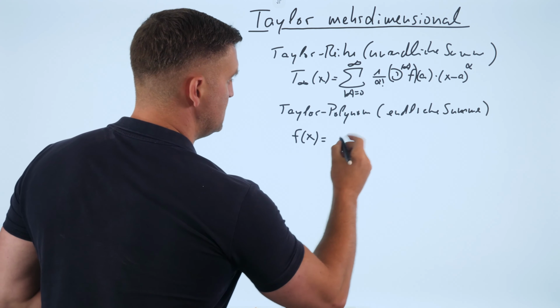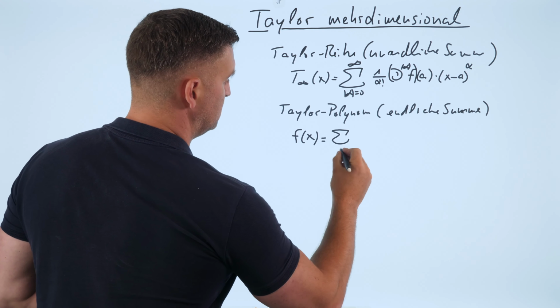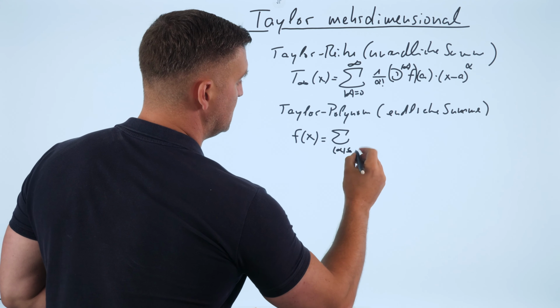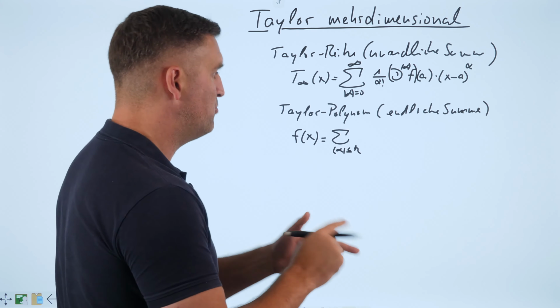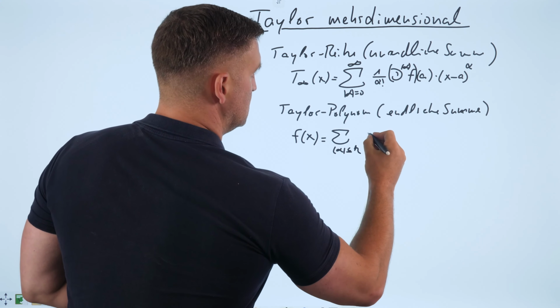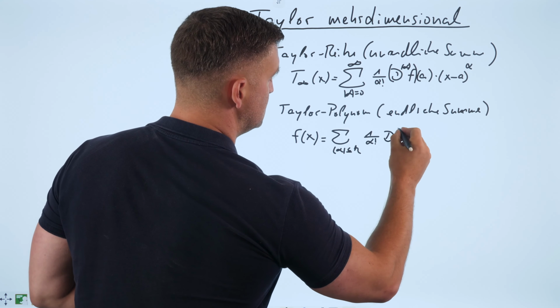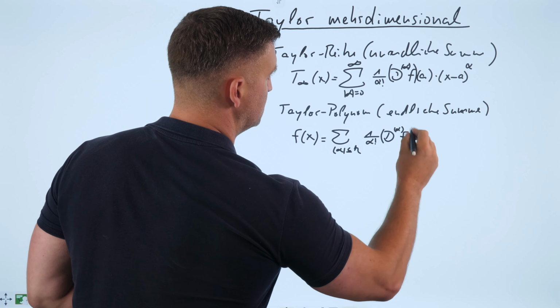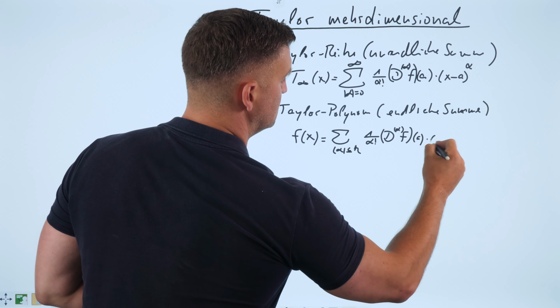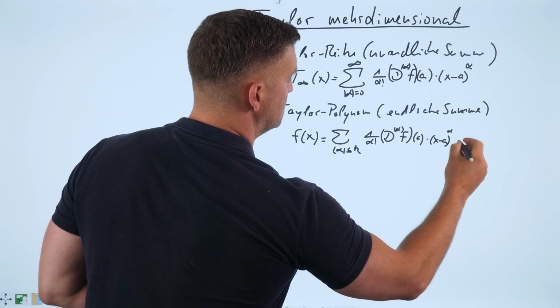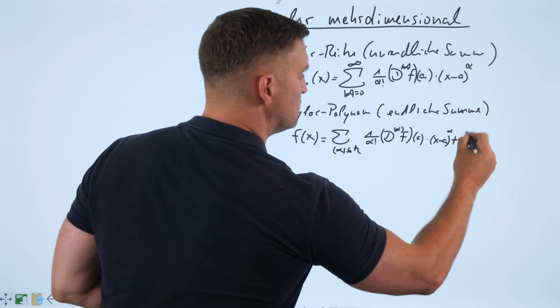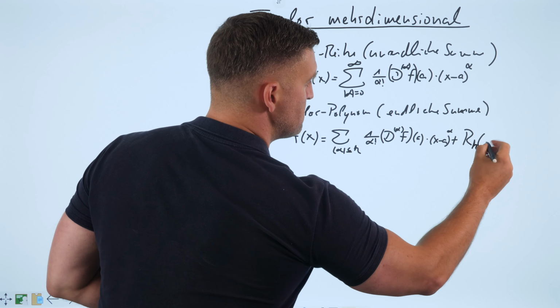In a moment we'll expand it as a sum over alpha less than or equal to k for the kth Taylor polynomial. Therefore, 1 over alpha factorial times d alpha f of a times x minus a to the power of alpha, plus. And now comes the remainder term R_k(x, a).